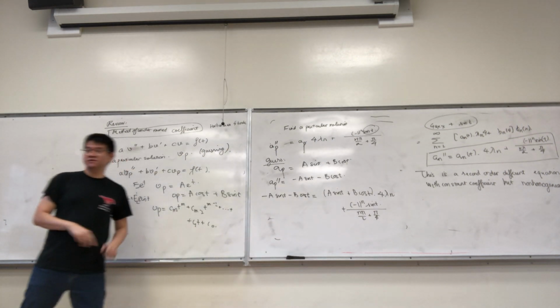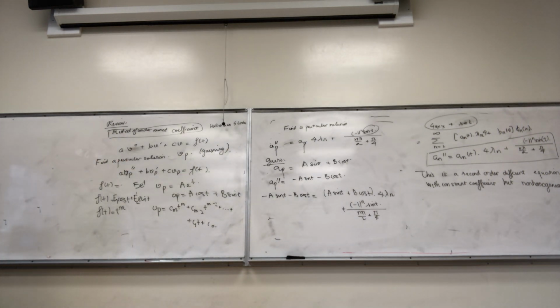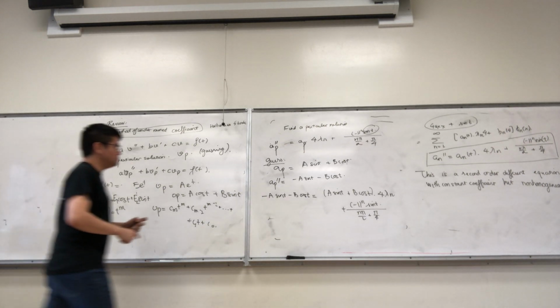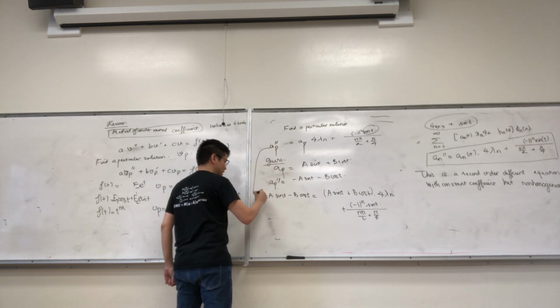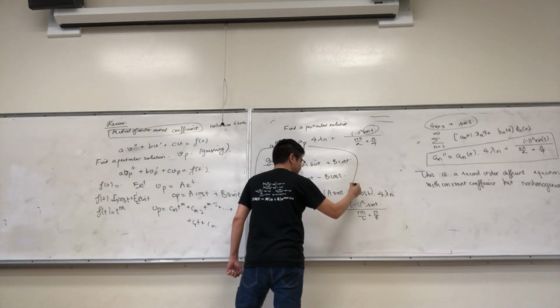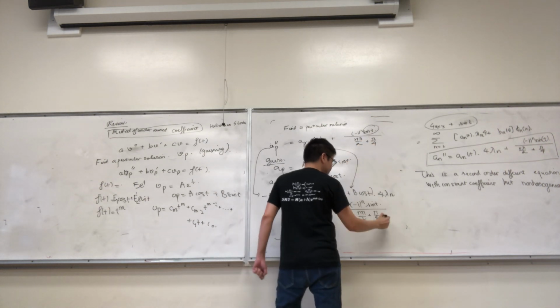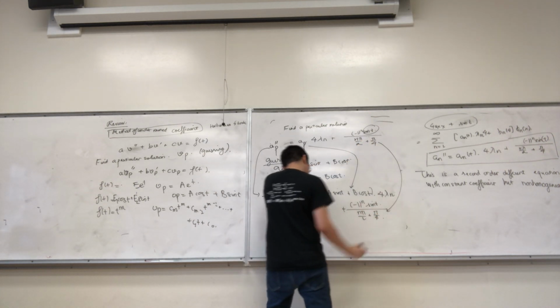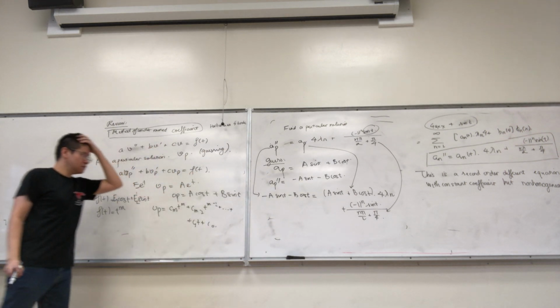So I suppose that the solution has the form A sine t plus B cosine t. I substitute that into the equation. So Ap second will become minus A sine t, Ap will become this guy, and this guy is the same.